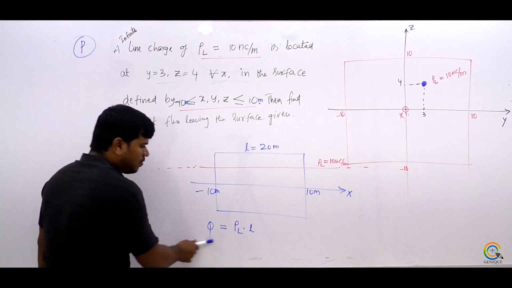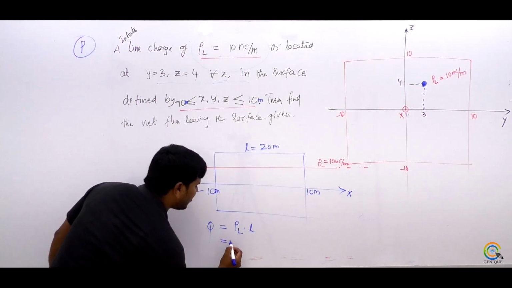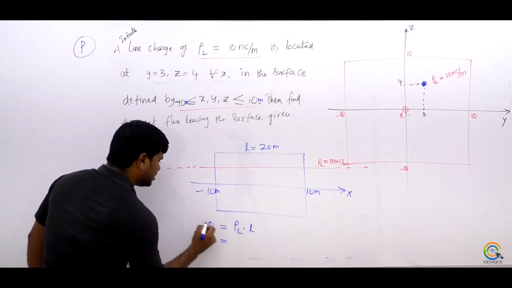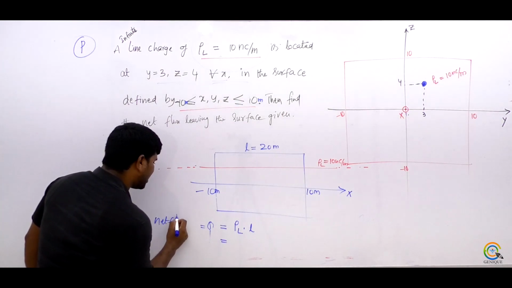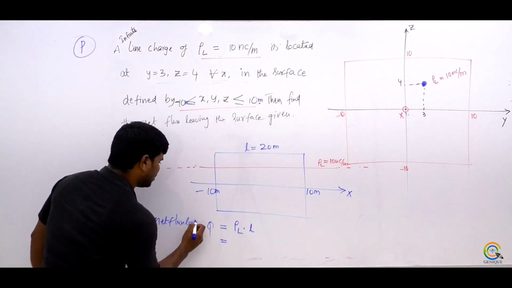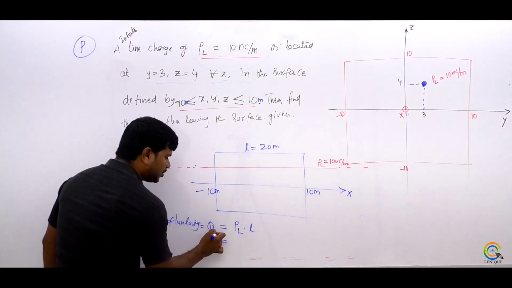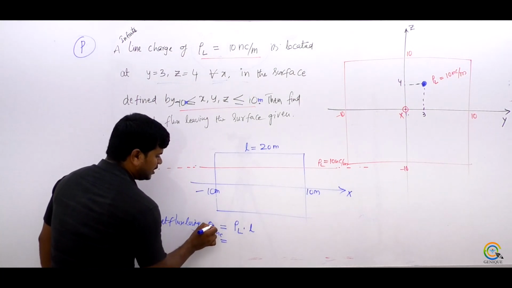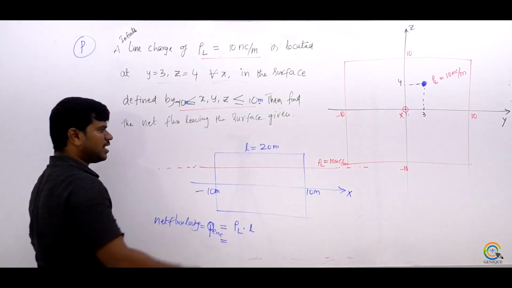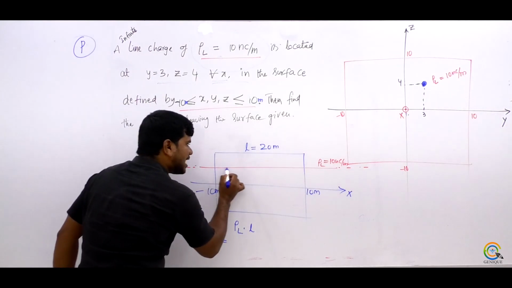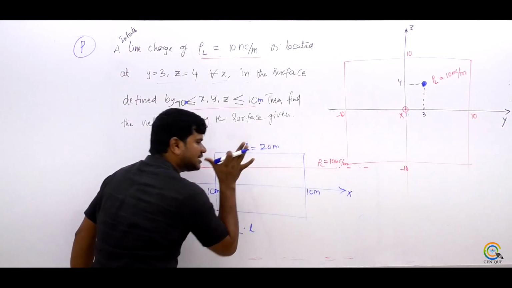Okay, so now what will it be? What is Q? What is the total charge? The net flux leaving is equal to the charge enclosed in the medium, Q enclosed. What is the charge enclosed in the volume? Only this amount of line is present in the volume.